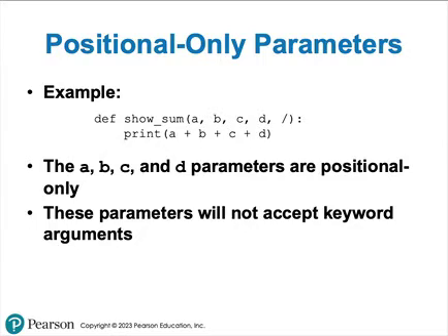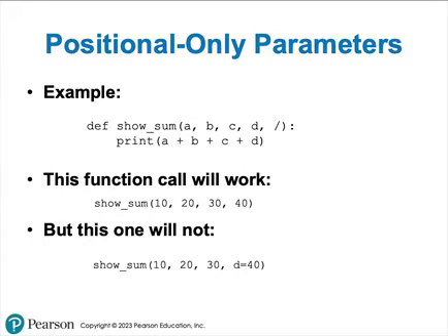And you cannot use keyword arguments, which means if you put A equal 10 at the beginning, it's not going to like that, and it will give you an error. So this is showing you just that, if you have 4 values, the function will work correctly. If you try to use any keyword values, the function will not work.